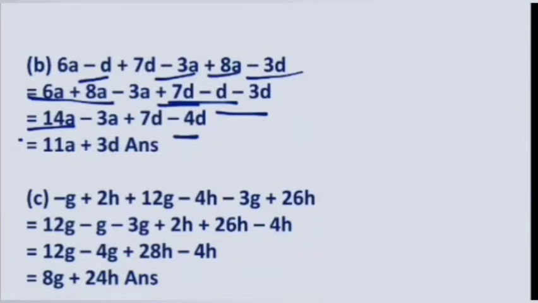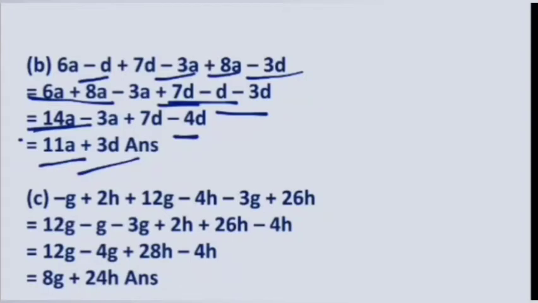Let's continue. 14a minus 3a gives us 11a. Then 7d minus 4d gives us 3d. You can see that they're unlike terms, so you can't add unlike terms together. Just leave it like that.